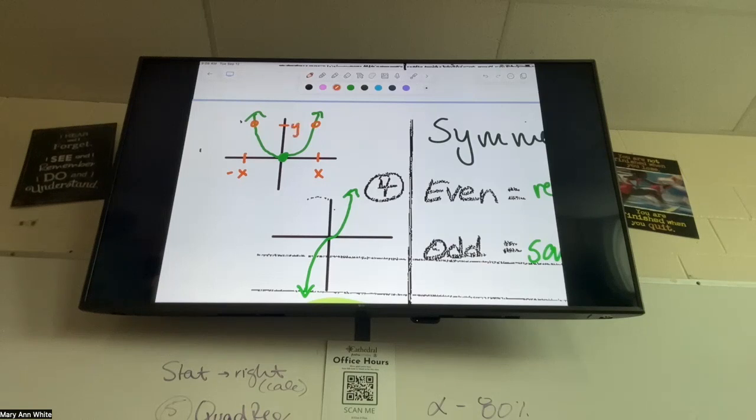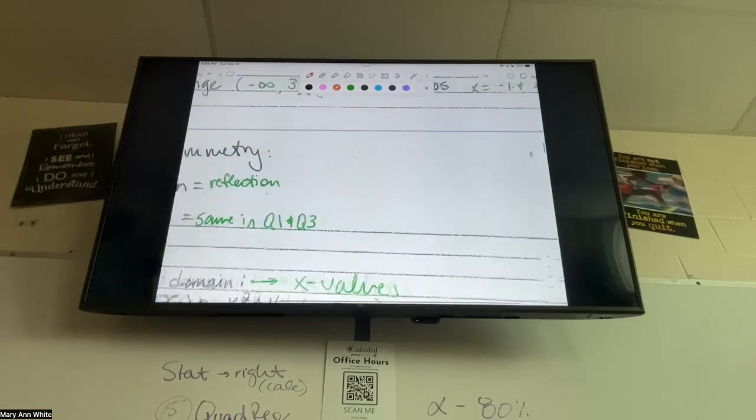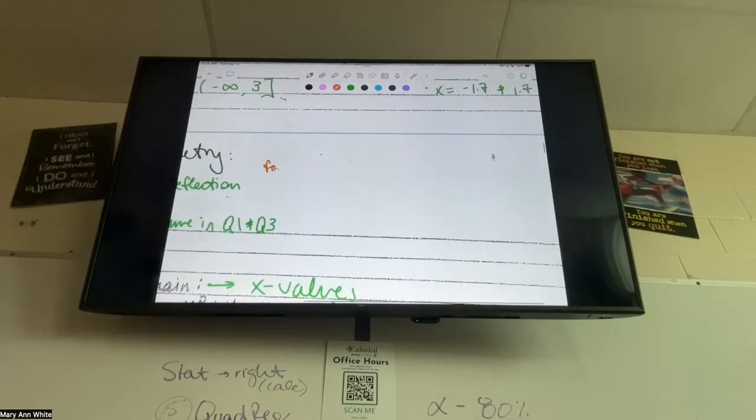Okay, what that means algebraically, what that means when we plug things in. For all of my x's, the following is true for an even symmetry. F of negative x is the same as f of x. When I plug in the negative value into my function and it's even, it should be the exact same.